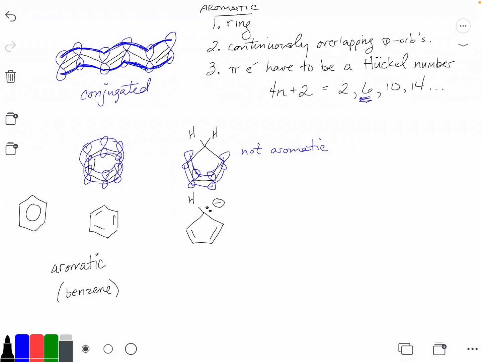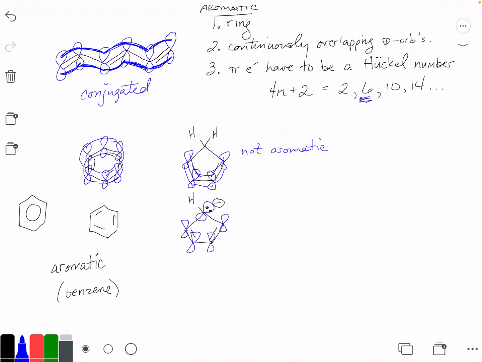However, if we imagine that this carbon was reconfigured such that that pair of lone electrons was in a p orbital, if we imagine that that top carbon were allowed to be sp2 hybridized to account for its 3 bonds, and we were to imagine putting that lone pair of electrons into a p orbital, now we do have this continuously overlapping set of p orbitals.